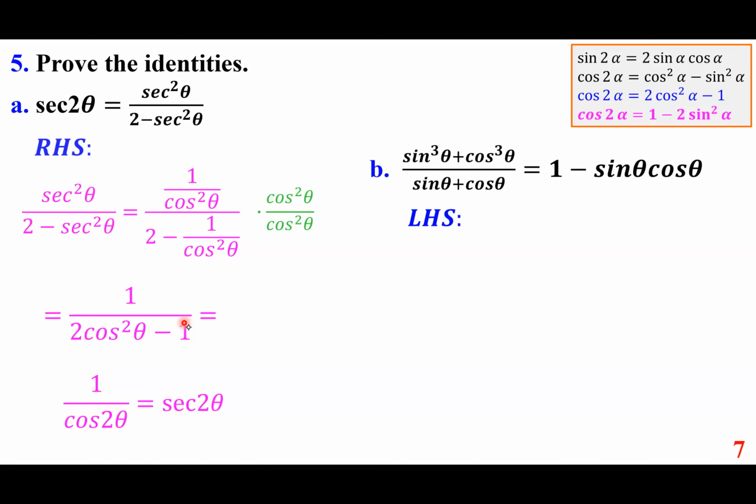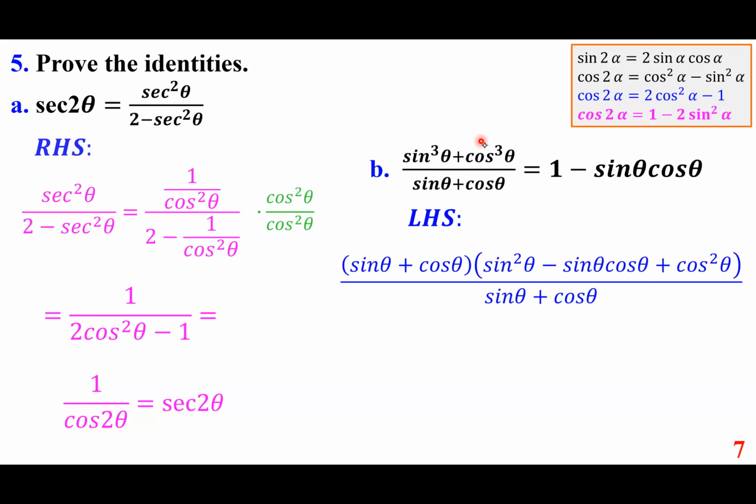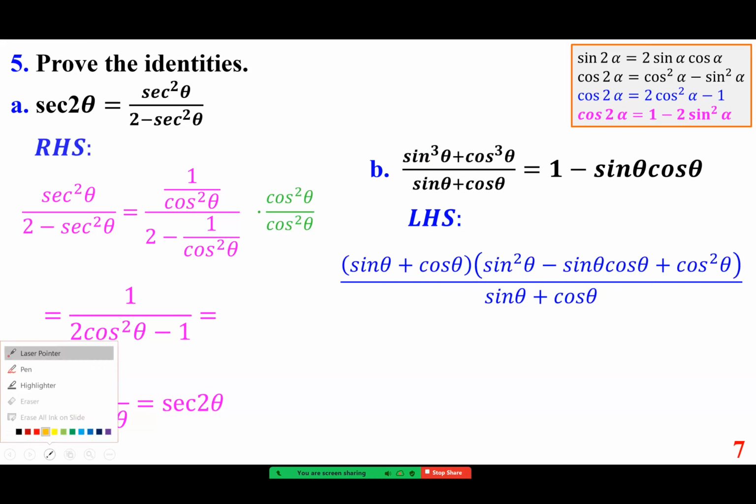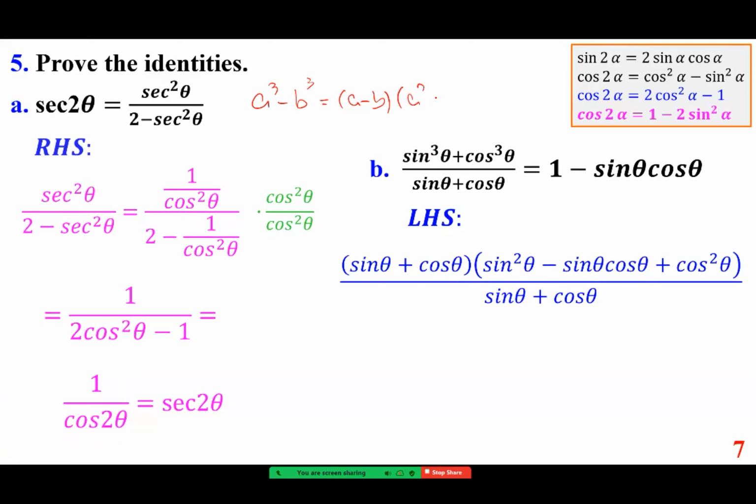And what we do, we keep the denominator, and the numerator we can factor as follows. a cubed plus b cubed is a plus b times a squared minus ab plus b squared.